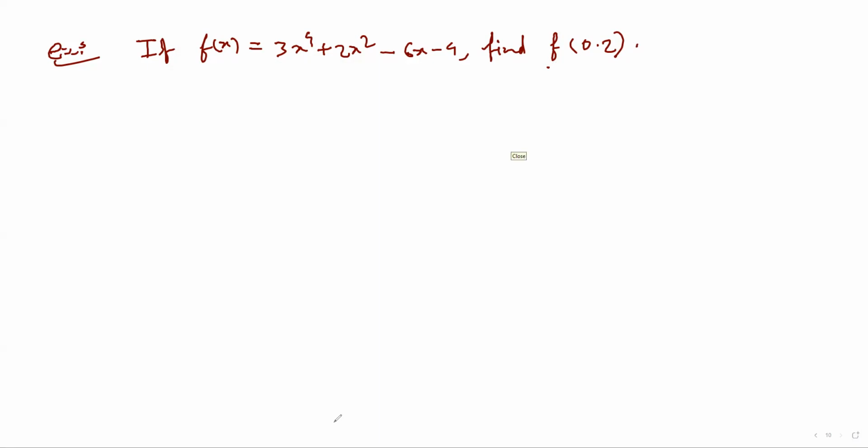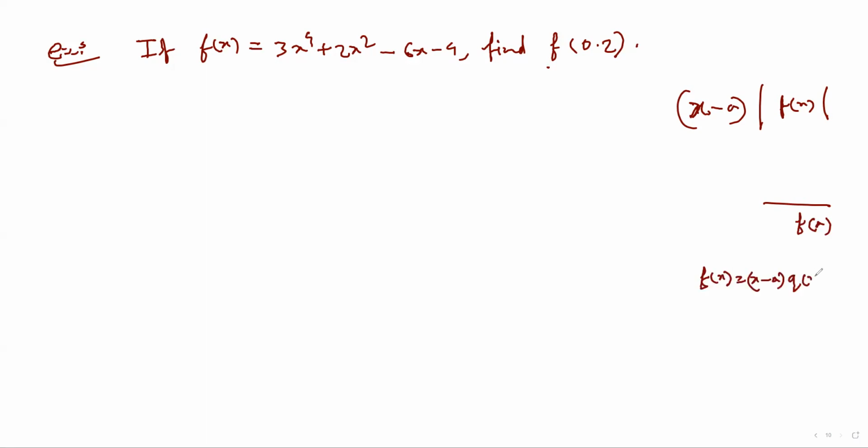Can any of you tell me? All right, you should have remembered that if you divide an expression by x minus a, the final remainder is actually f of a, because if f of x is expressed as something like this, then putting x equals a gives you f of a equals 0 times whatever q of x is, doesn't matter, plus r.